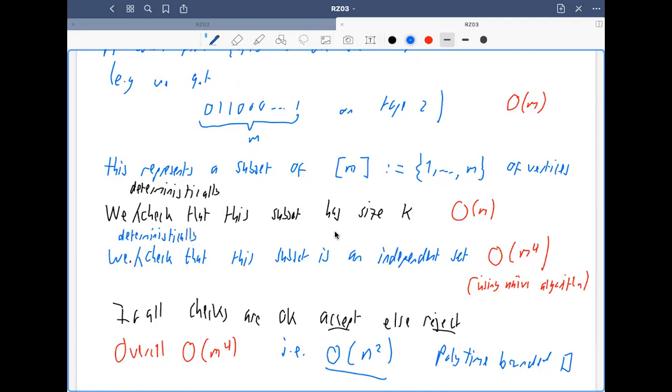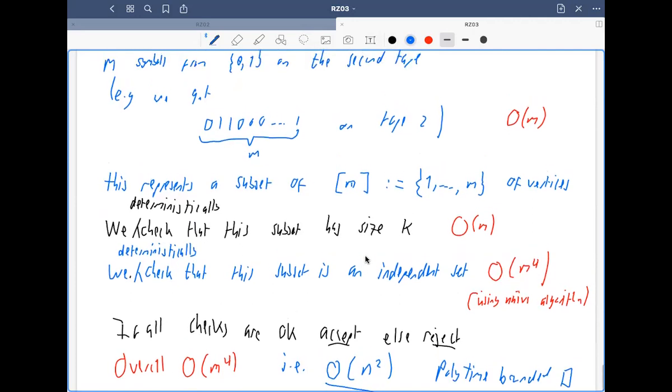So if there exists an independent set of size k, one of the non-deterministic choices will find it. So one of the runs does accept as it's supposed to.